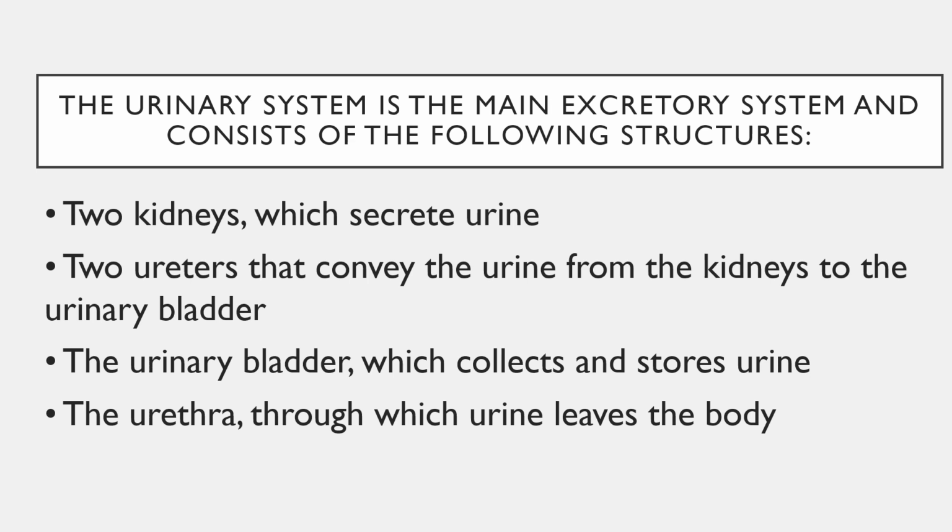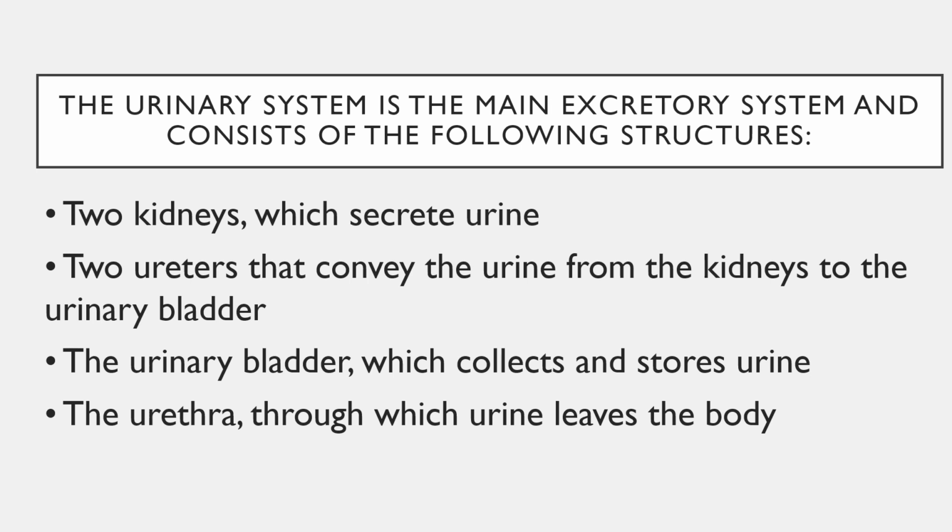So there is a urinary bladder which collects and stores urine. Then there is the urethra through which urine leaves the body. So if you are asked about the urinary system, the main excretory system or structures, you know there are two kidneys which secrete urine. There are two ureters which convey or transport the urine from the kidneys to the urinary bladder.